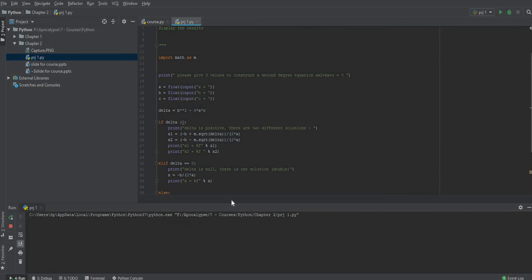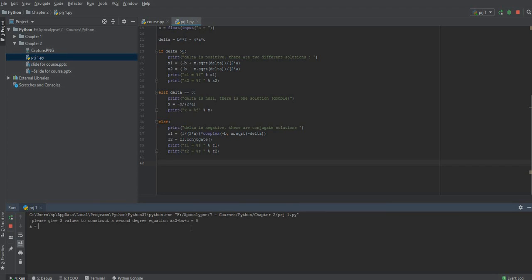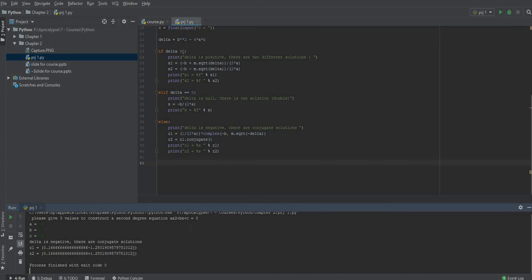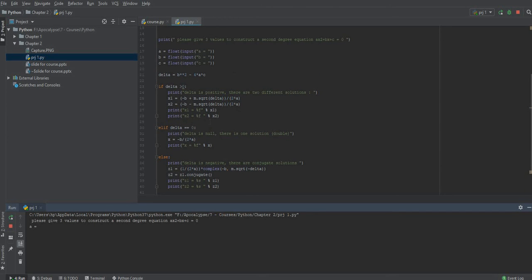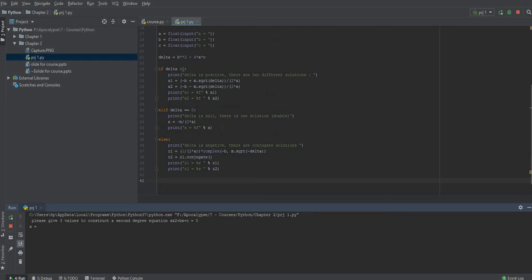Now we will try to give some values to see the results. Minus 3 for example, here minus 5, and here are the results. These are two conjugate values. Let's try another value that is easy to check, because this is an algorithm that we wrote.